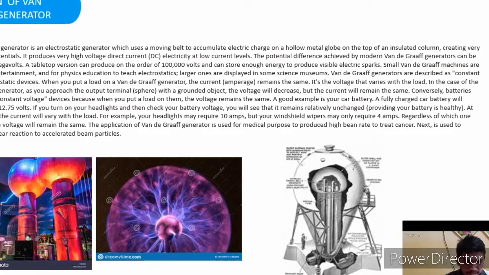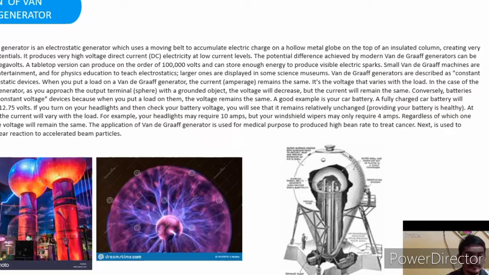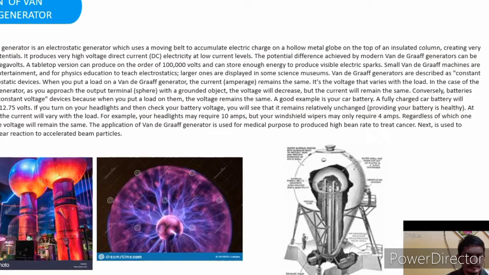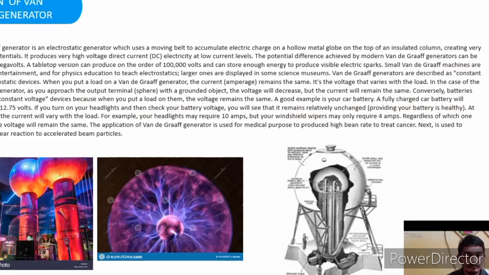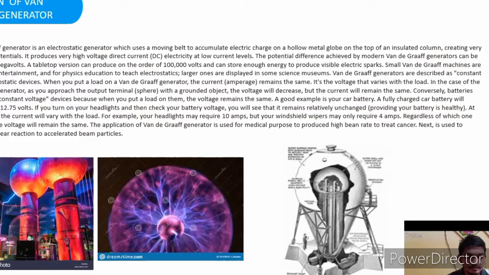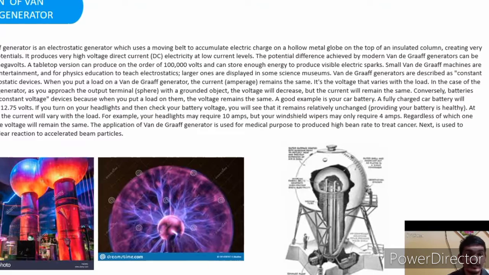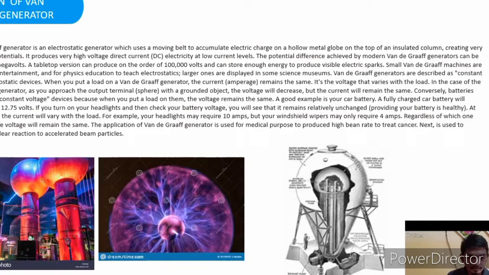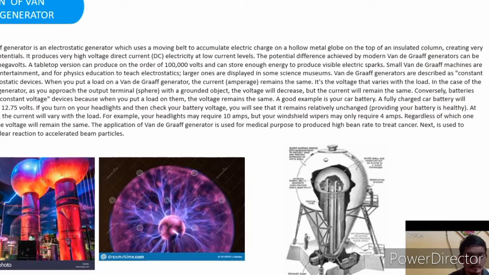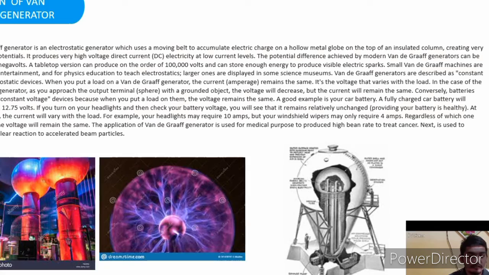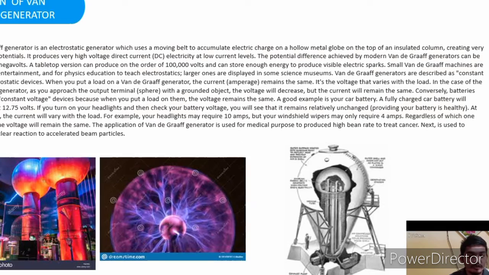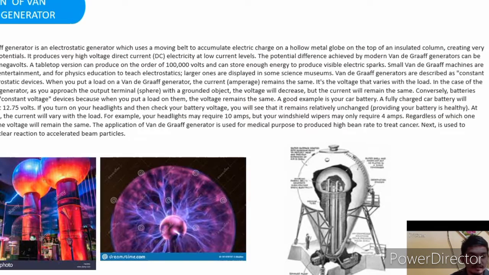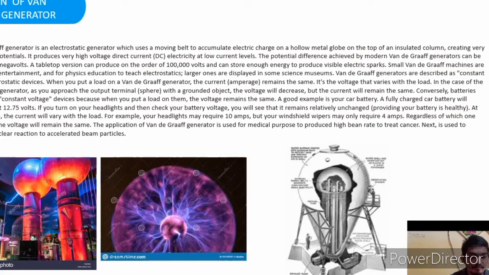Next, let's see what the Van de Graaff is described as. It is a constant current electrostatic device. This means when we put a load on a Van de Graaff, the current remains the same.